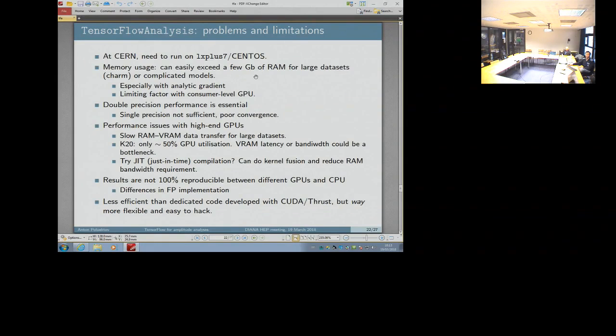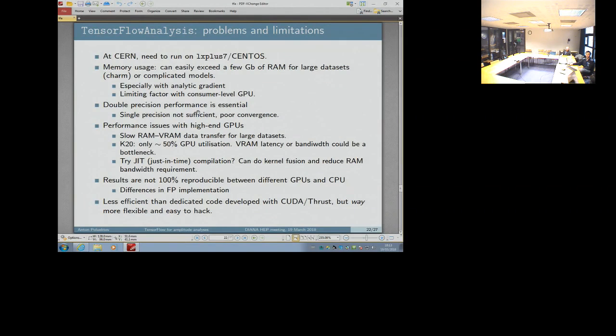There are also problems with memory usage. With consumer cards, you can easily exceed a few gigabytes of RAM, which should prevent you from running large data sets like Charm. But I guess if you have a few tens of gigabytes, that should be pretty much enough.